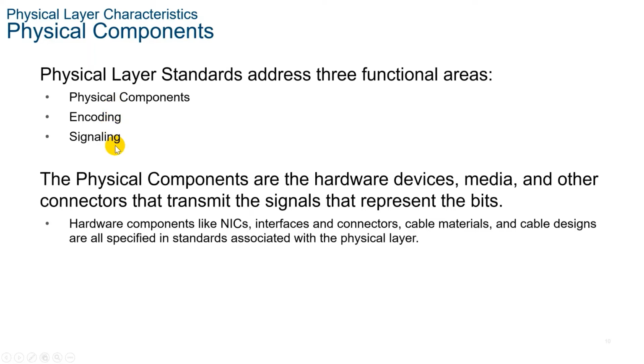The physical components are the electronic hardware devices, media, and other connectors that transmit the signals and represent the bits. Hardware components such as NICs, or network interface cards, interfaces, and connectors, cable materials, and cable designs are all specified in the standard associated with the physical layer.